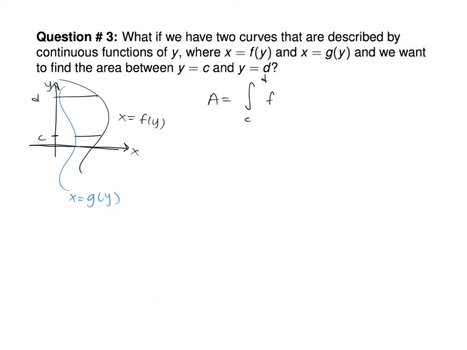Bigger x. F of y minus g of y. Think about that as rightmost minus leftmost. Well, you think your little rectangles go sideways, right? This x value is bigger than that x value. If you just turn your head sideways and look at it, you're like, oh yeah, that one's on top.